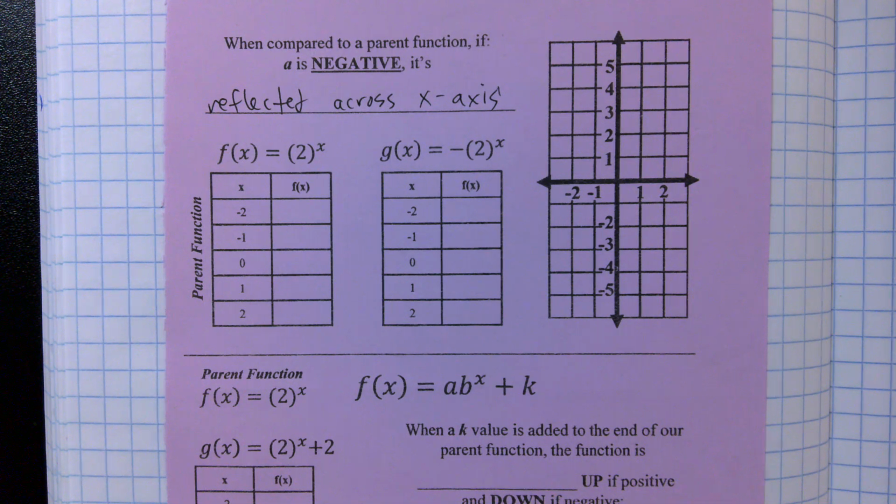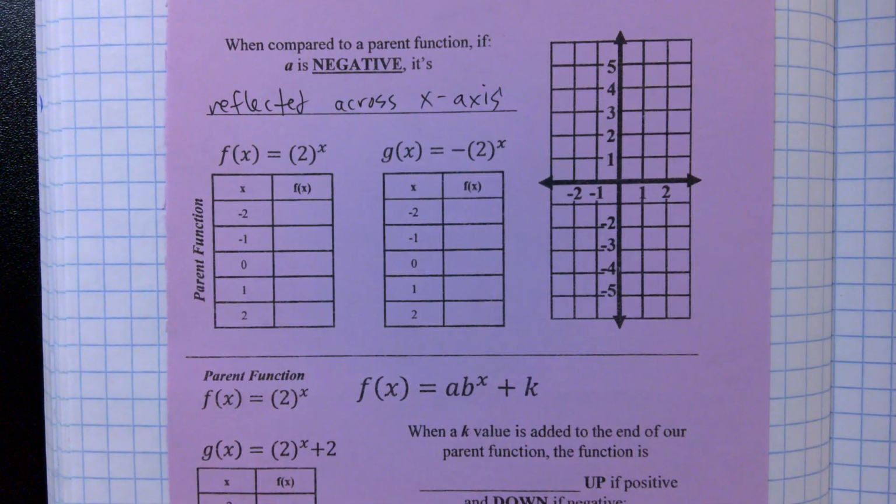We treat this negative sign as a completely different transformation because it is, right? If I have a parent function that's like 2 times 2 to the x, and then it turns into negative 3 times 2 to the x, the negative tells me I reflected over the x.